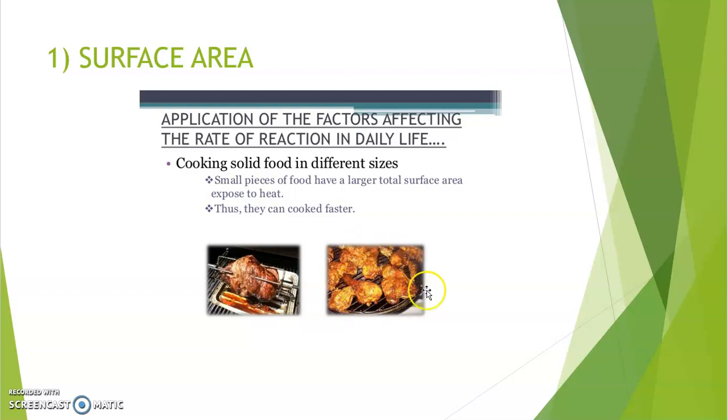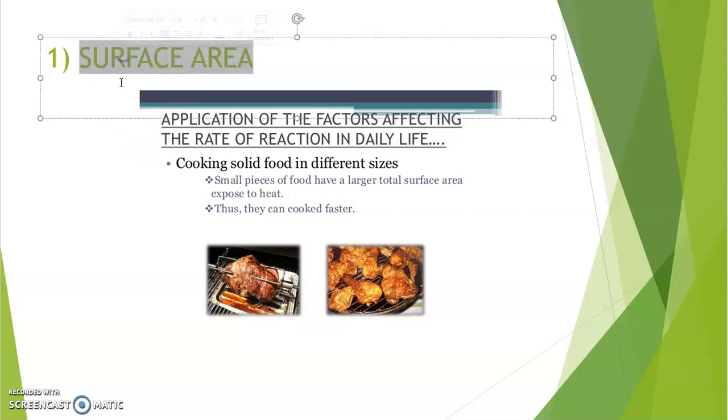So this one has larger surface area. This is very simple. When you have larger surface area, they cook faster. That's why small pieces finish faster than one big piece, because they have larger surface area. So for the first factor, if you increase the surface area, the rate will increase.